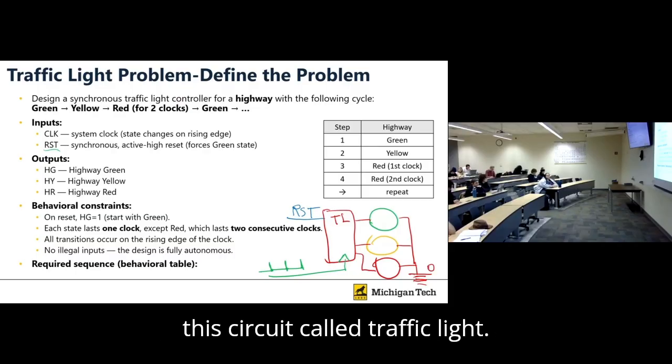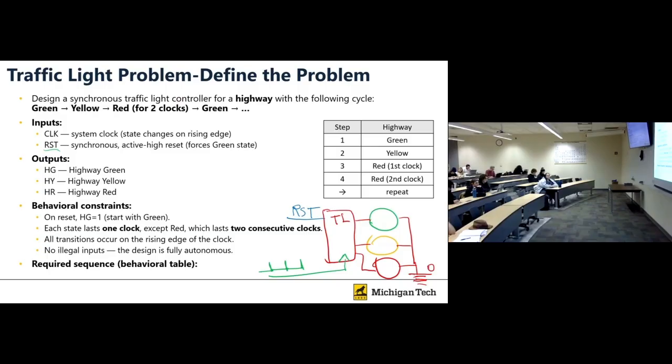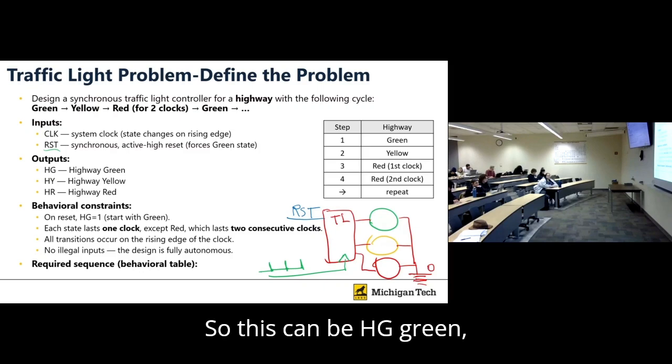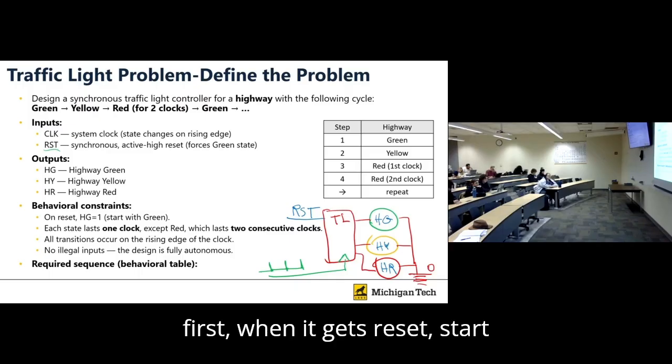And this circuit is called traffic light. HG is for highway, for example, highway green. So the outputs can be HG green, HY, and HR. The behavior is that when it gets reset, it starts from green.